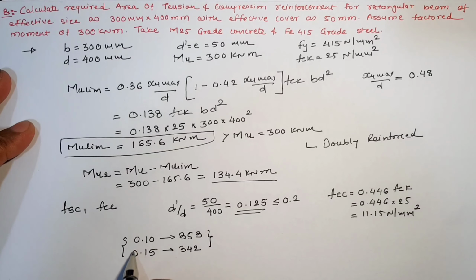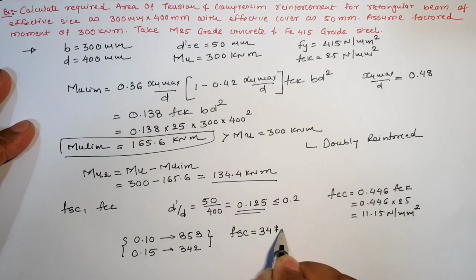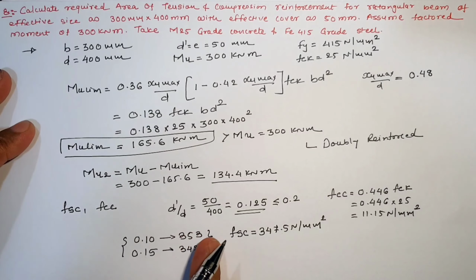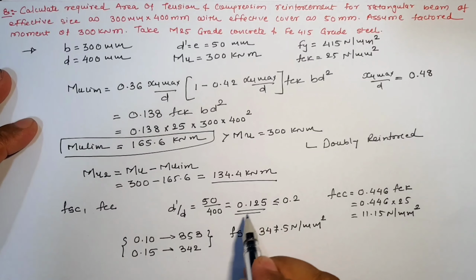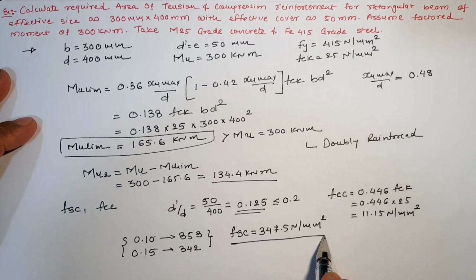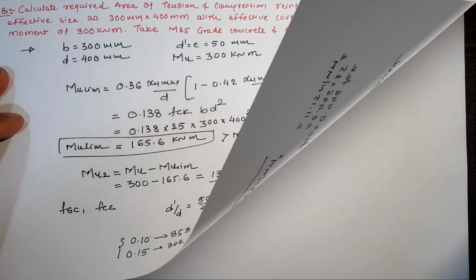Hence by interpolating this value for 0.125, we have fsc as 347.5 Newton per mm square, as 0.125 is exactly the middle value of 0.10 and 0.15. Hence our value of fsc is the average of 353 plus 342 by 2, which is equal to 347.5 Newton per mm square.